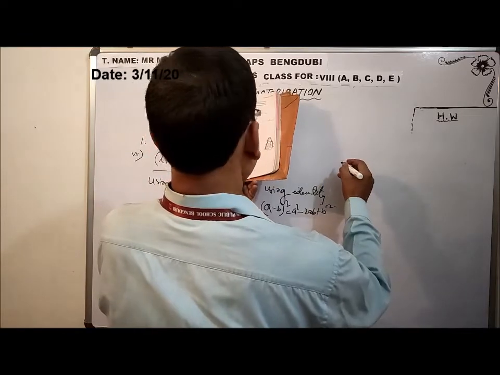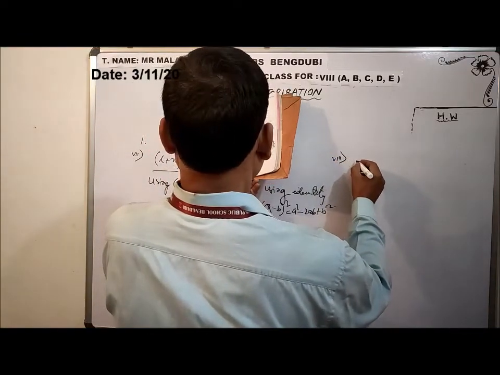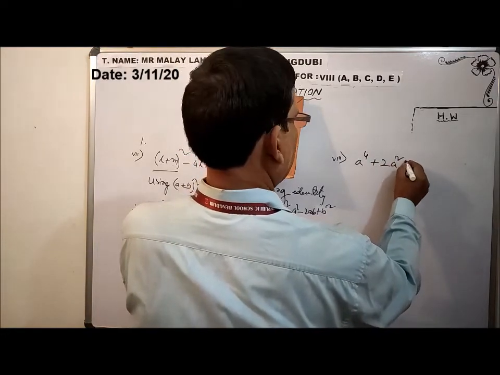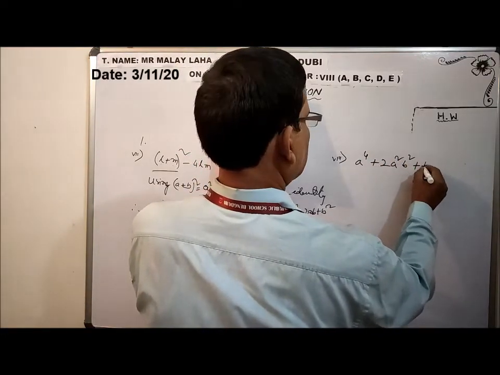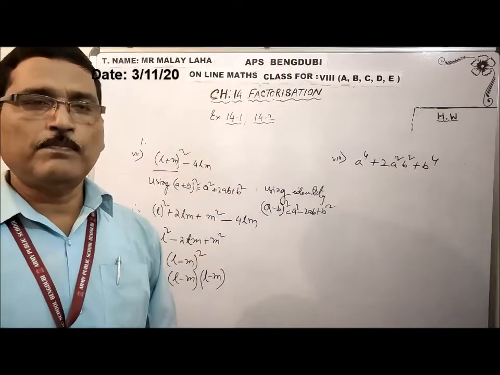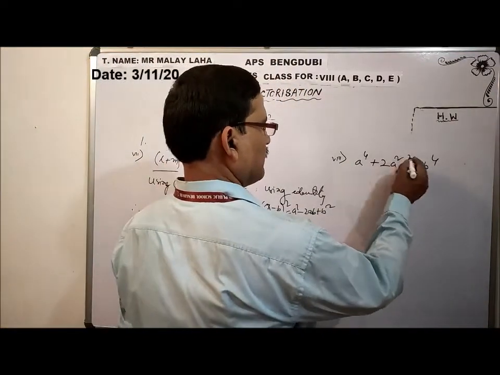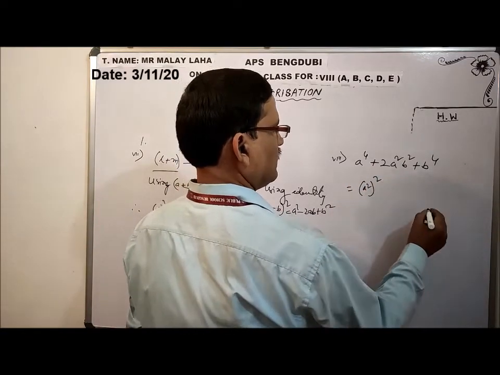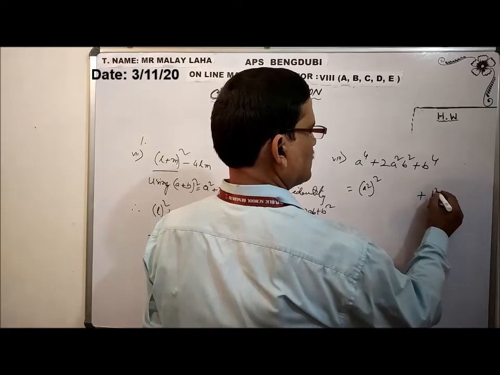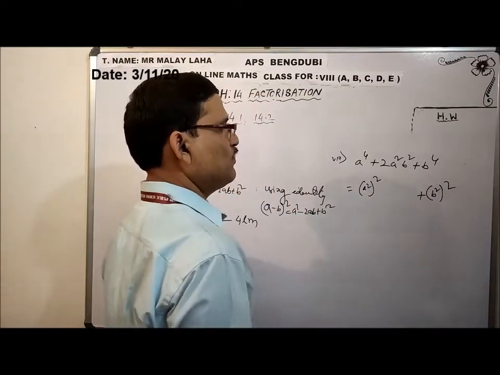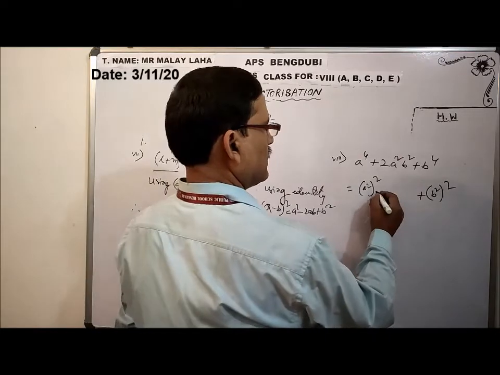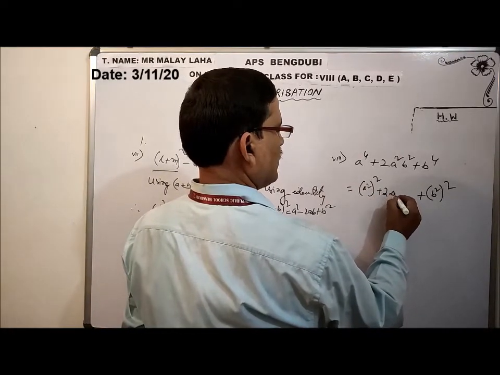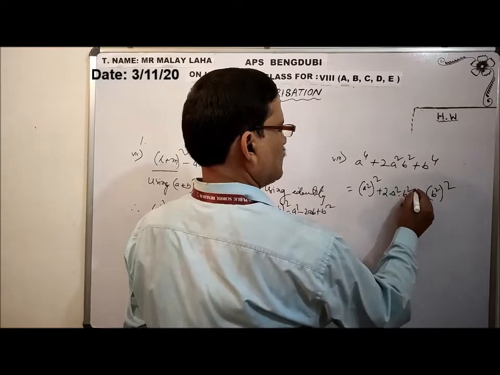Okay. Now the last one, 8. a raised to 4 plus 2 a square b square plus b raised to 4. When the fourth power is there, you have to reduce it: a square whole square, and this one is b square whole square. When you remove this, it will be a to the 4. Now plus twice a means a square, b means b square.